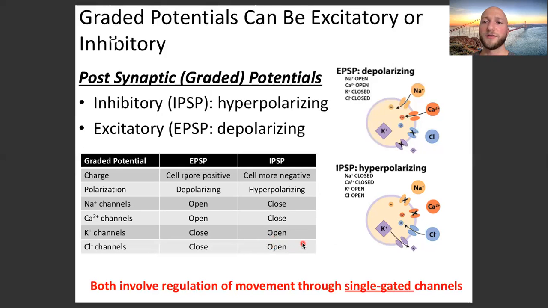Graded potentials are caused by the opening and closing of single gated channels on the cell body and dendrites. I guess it can happen on the axon also, but we'll get to that. But single gated channels.